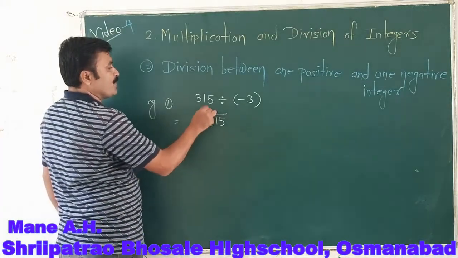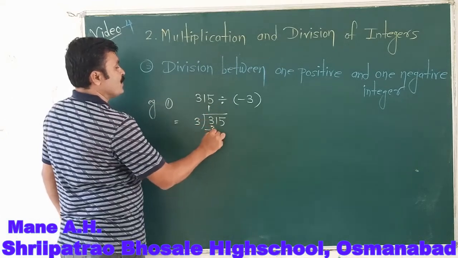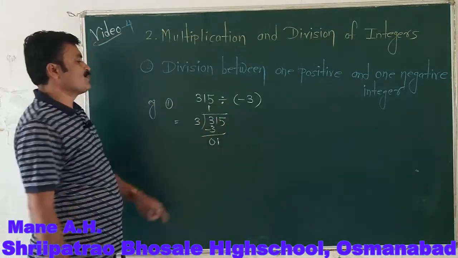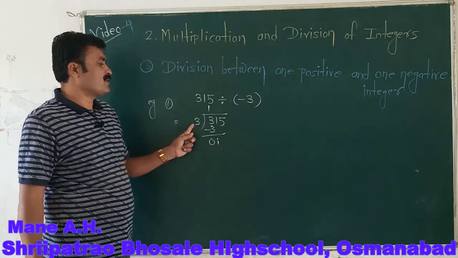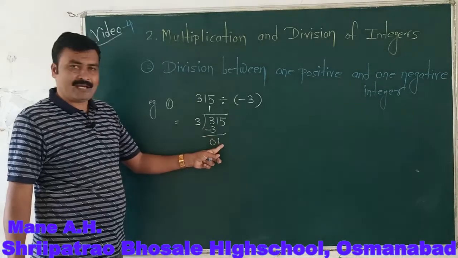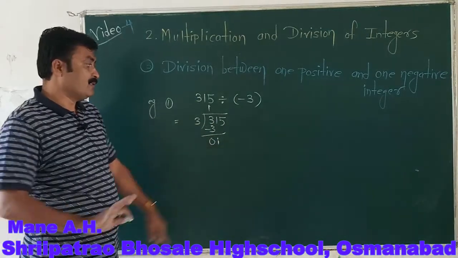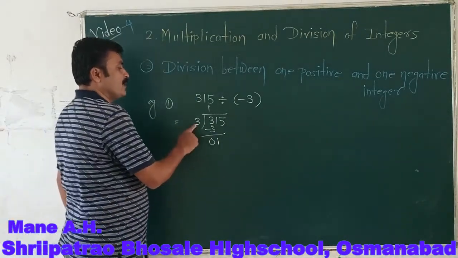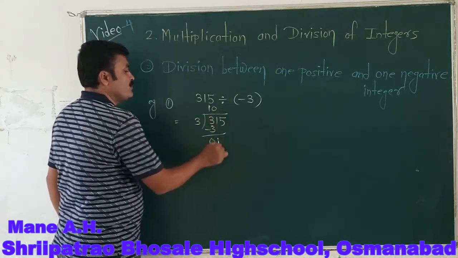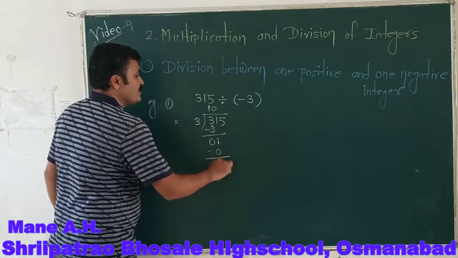So 3 ones are 3. So 3 minus 3 we get 0. Next 1 takes below. So 1 divided by 3 is not possible. So some students take this 5 here, but this is the wrong way. 1 divided by 3 is not possible. We take quotient 0. So 3 into 0, 0. So 1 minus 0, 1.